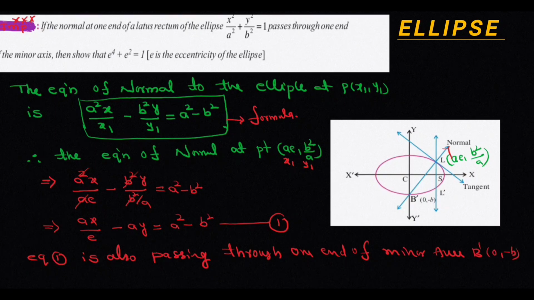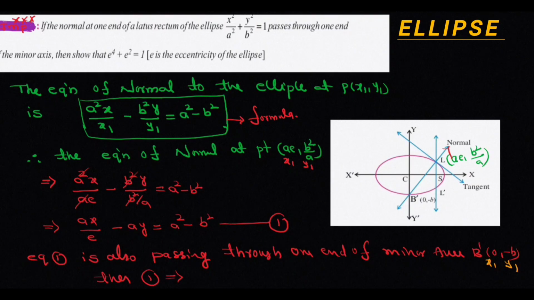Then substitute x1 equal to 0, y1 equal to minus b in equation number 1.